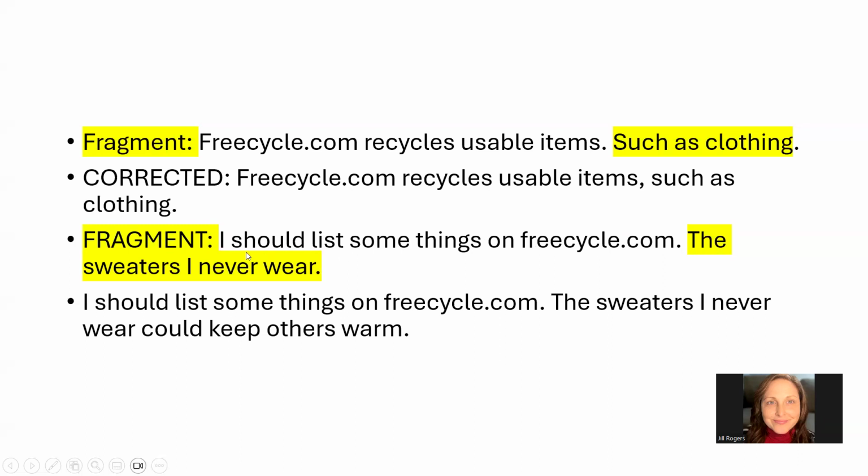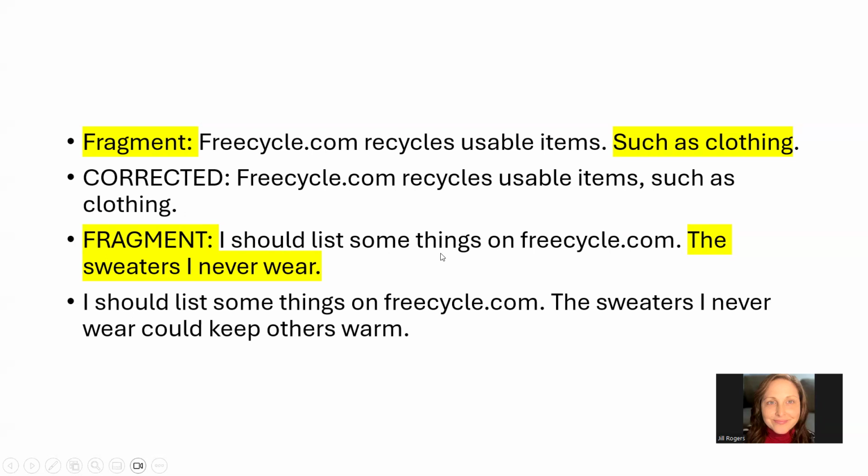Here's another fragment. I should list some things on freecycle.com. Sweaters I never wear. Oh, so this is an example where you don't have those such as, especially, or like. We just wrote the sweaters I never wear. It's kind of complicated because it does seem like it has a subject and a verb, but it's not a complete thought.